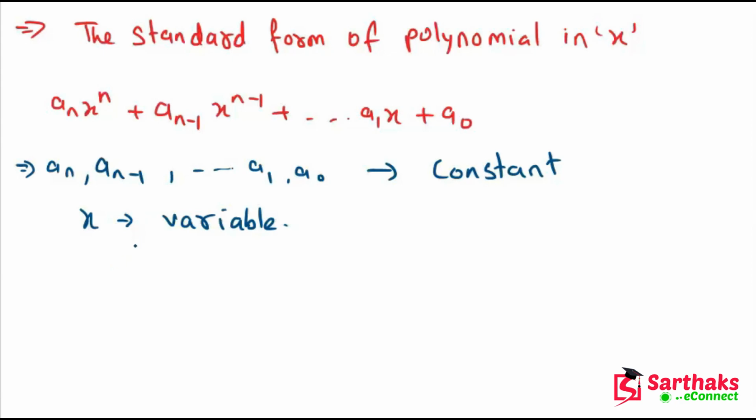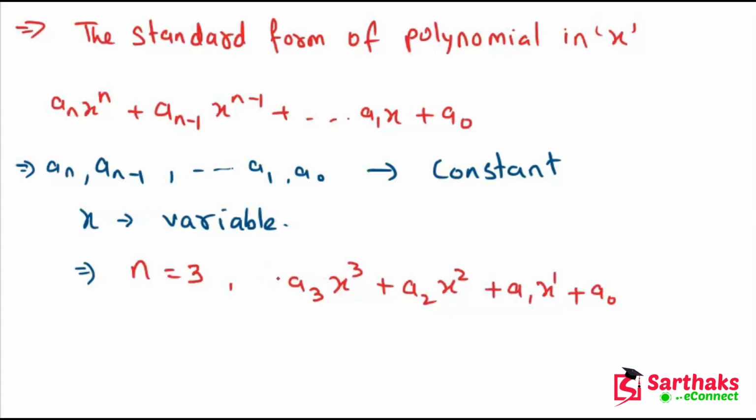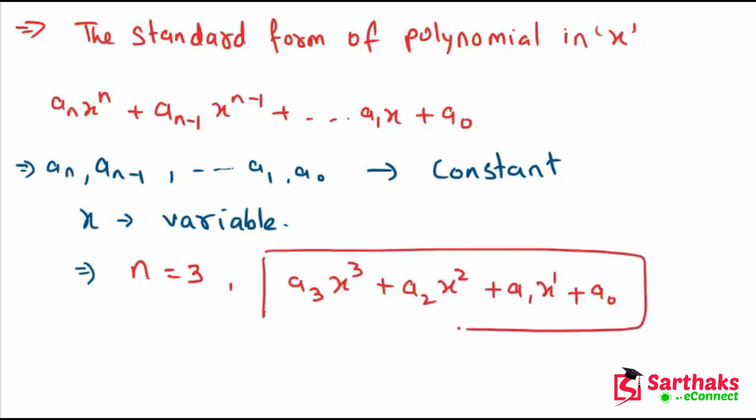For example, let's suppose we take n equals 3. Then we can write a3 x raised to power 3 plus a2 x raised to power 2 plus a1 x raised to power 1 plus a naught. So this is the standard form of the polynomial.